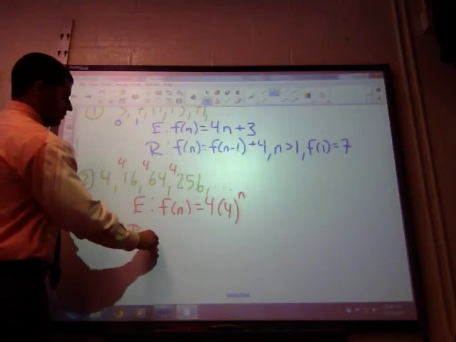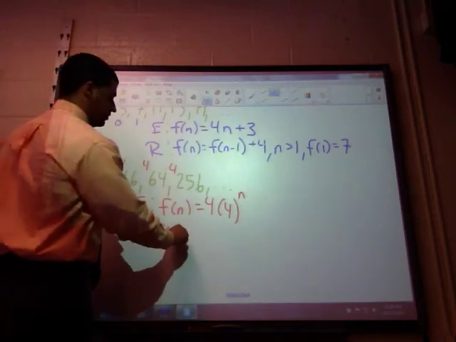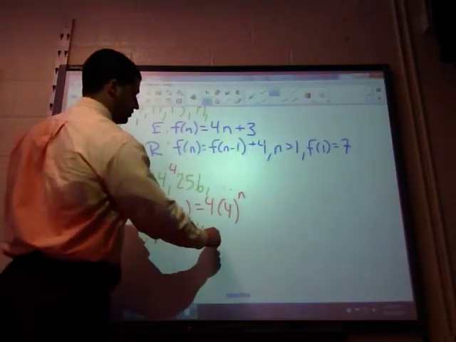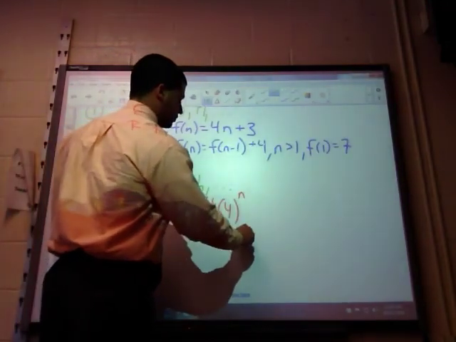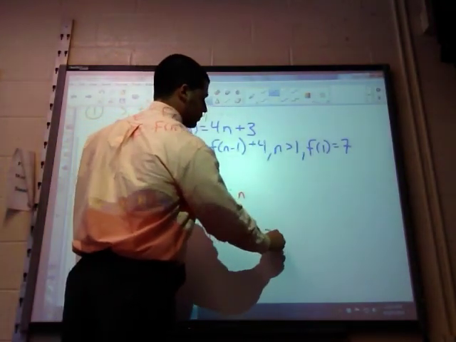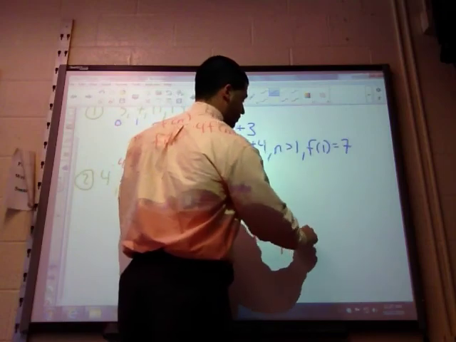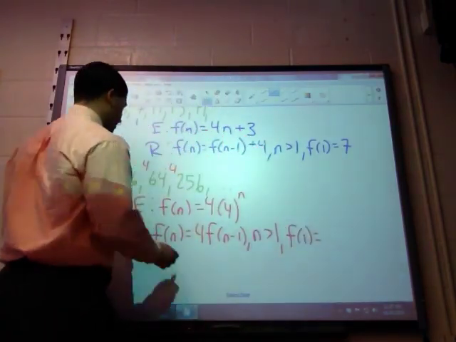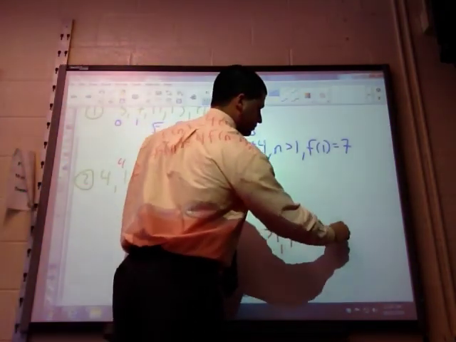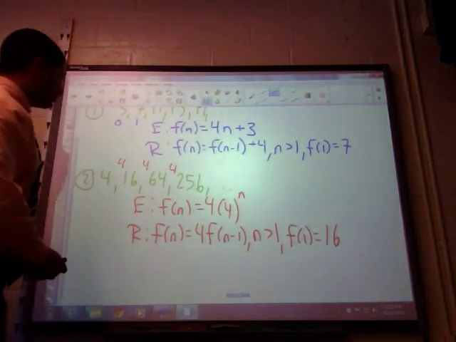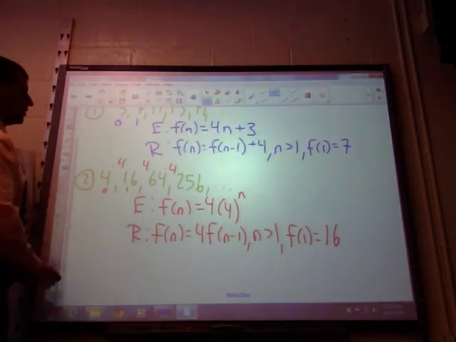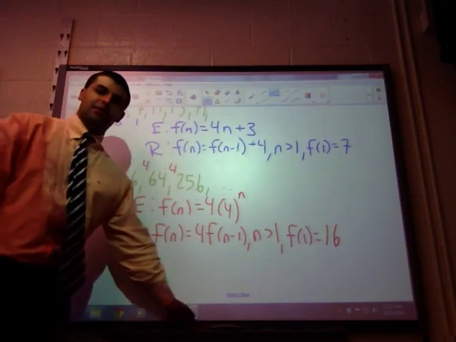Our recursive, f of n equals our common ratio times f of n minus 1, where n is greater than 1, and f of 1 is 16. That's our 0th term, that's our first term. So hopefully that helped out.